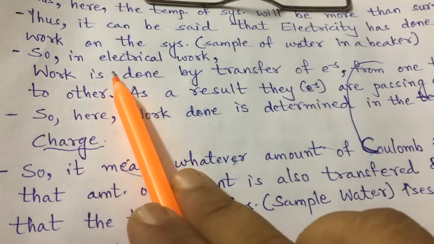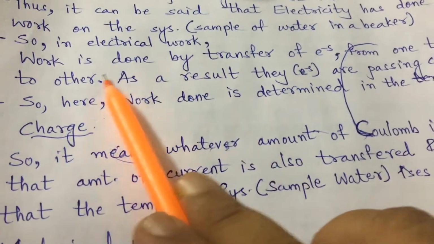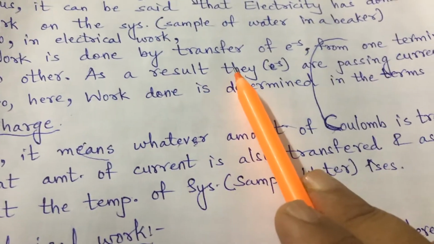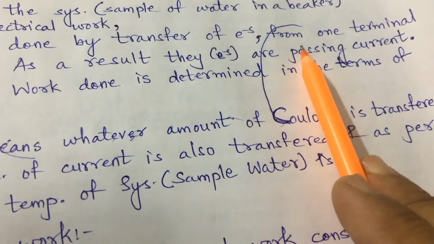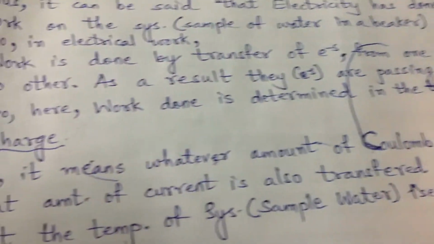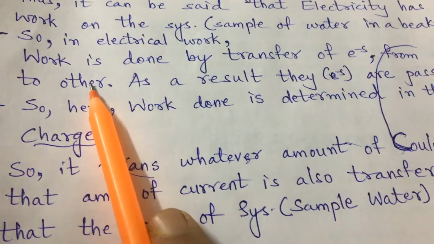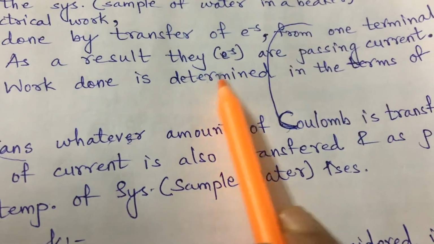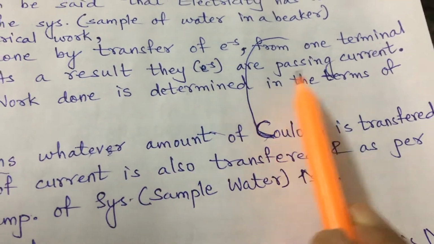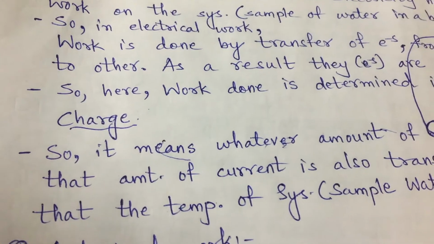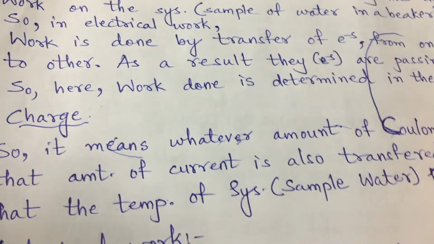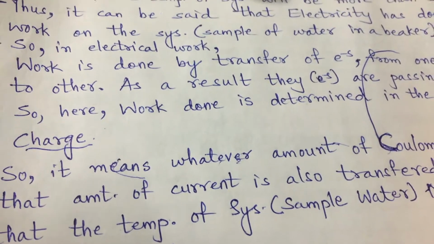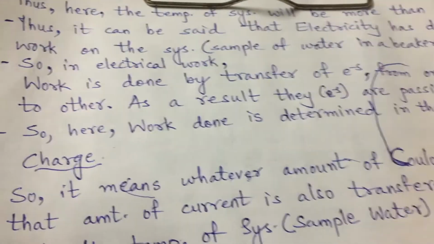So in electrical work, work is done by transfer of electrons from one terminal to the other. As a result, the electrons are passing current. What happens when the electric current is passing? It means the transfer is from one terminal to the other.